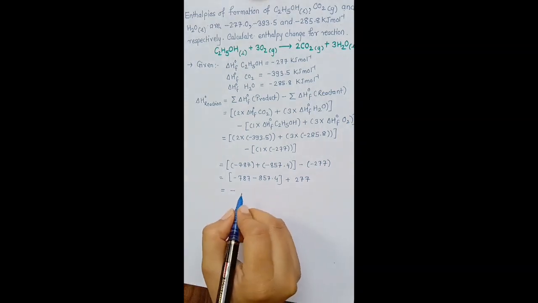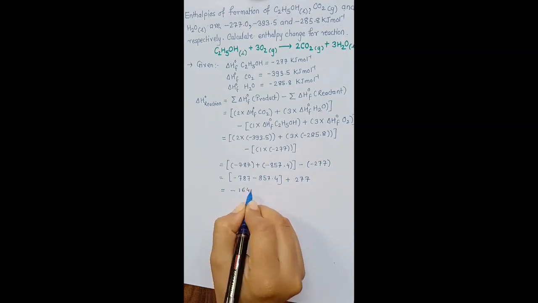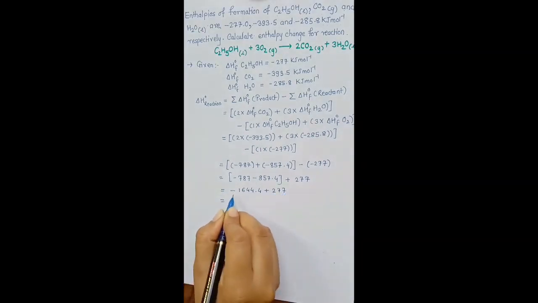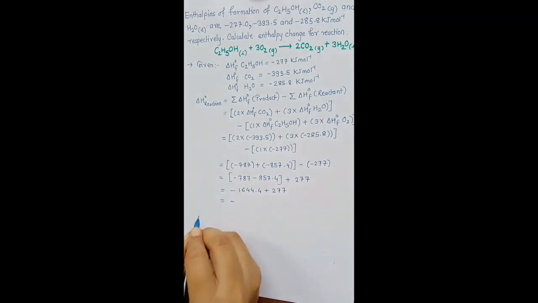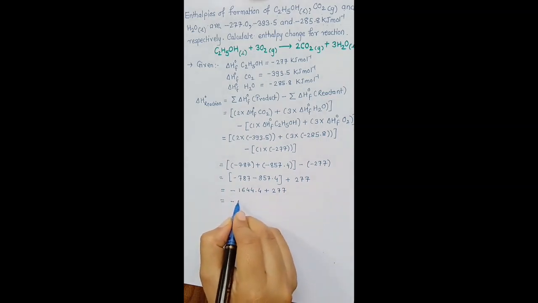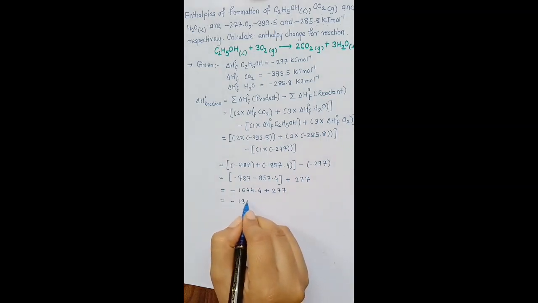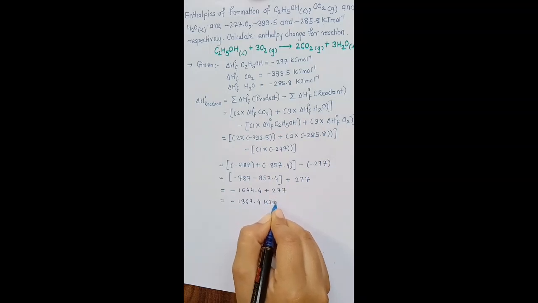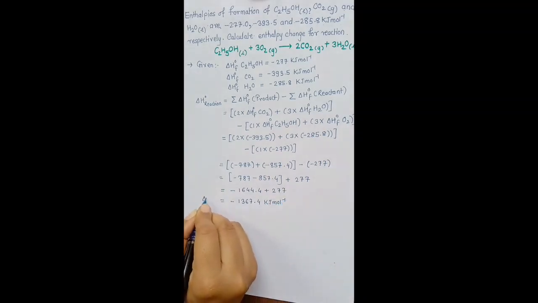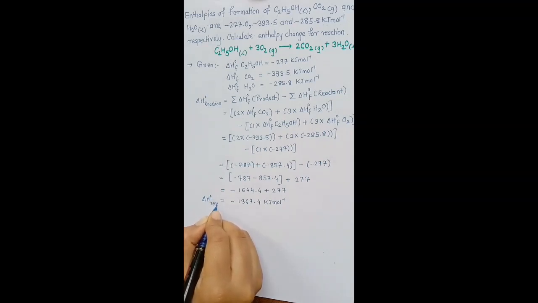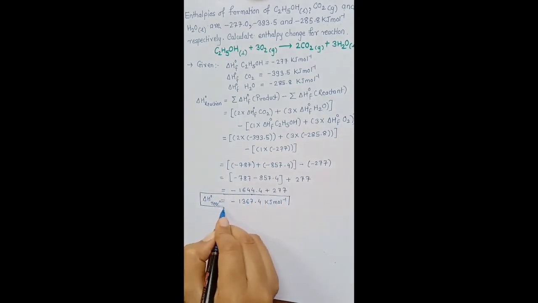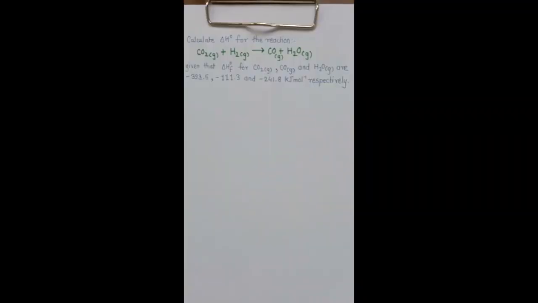So this addition comes to be 1644.4, plus 277. Plus minus is minus and the sign of the bigger number, that is minus. So this subtraction comes as 1367.4. The unit will be kilojoule per mole. So delta H naught for the reaction is equal to minus 1367.4 kilojoules per mole.